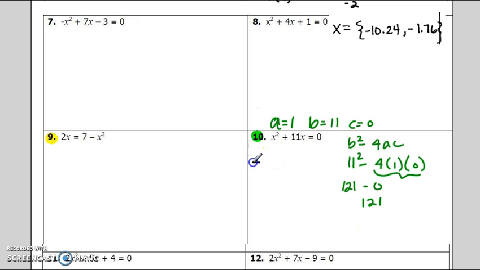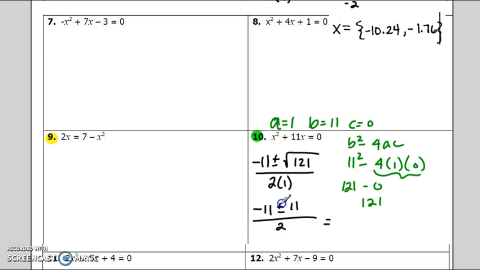So negative b plus or minus the square root of 121 all over 2 times a, 2 times 1. So simplifying, we do know that this is a perfect square, so it is going to be 11, and then divide it by 2. So we're going to take negative 11 plus 11, and that's 0 divided by 2, so we have 0.